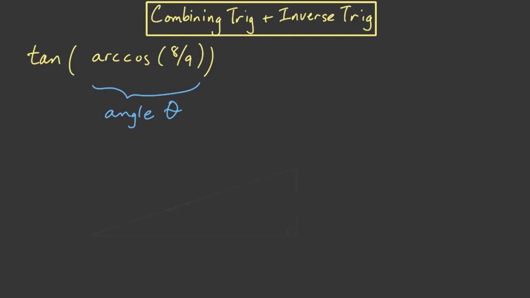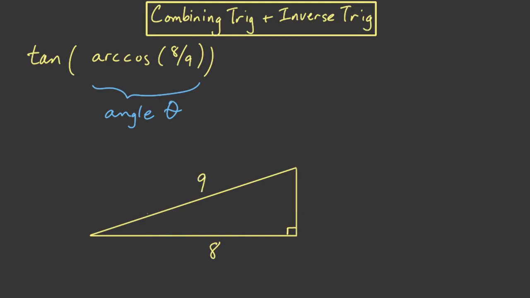And so if we just take a right triangle where this leg is 8 and the hypotenuse is 9, then this right here is an angle whose cosine is 8/9. And it's between 0 and pi, so we're all good. That's our theta.